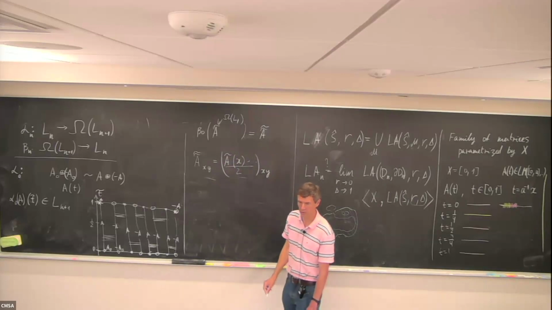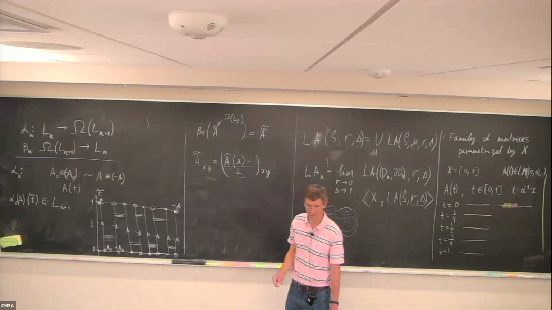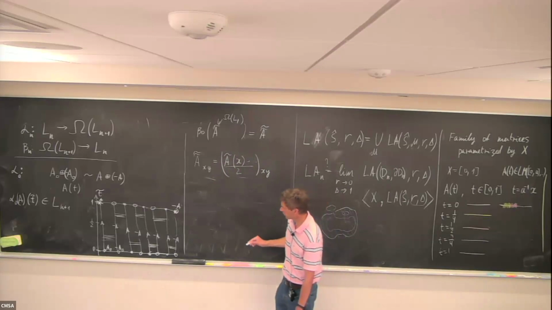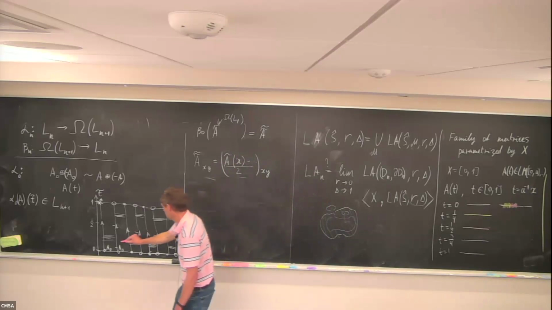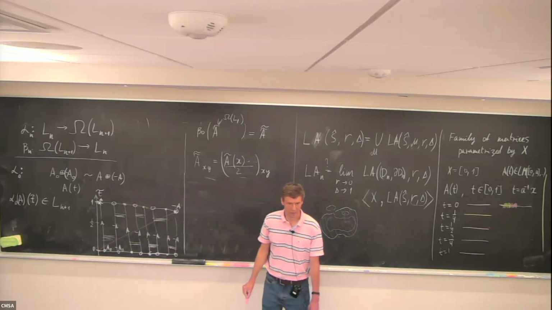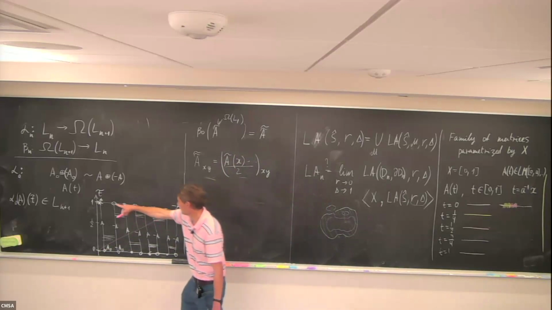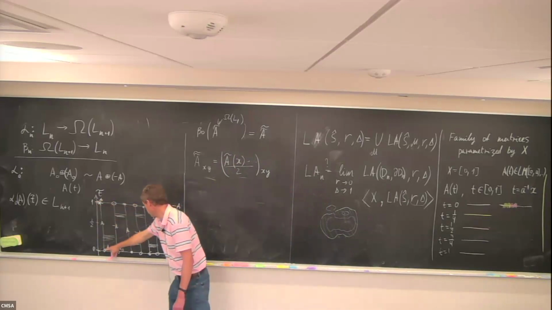So it's the spatial interpolation that was used previously. And the spatial interpolation corresponds to cutting this picture diagonally, because t tilde becomes a function of x.